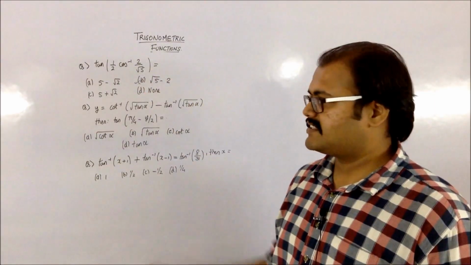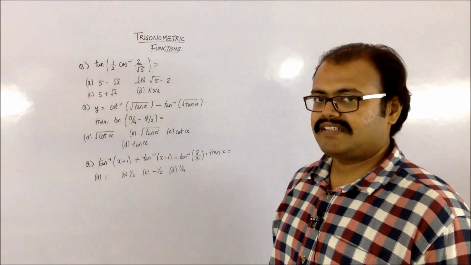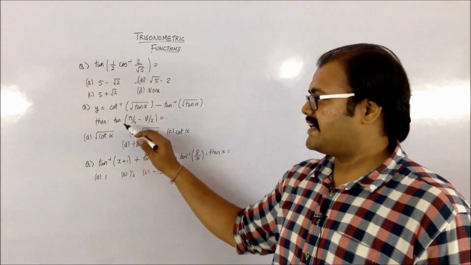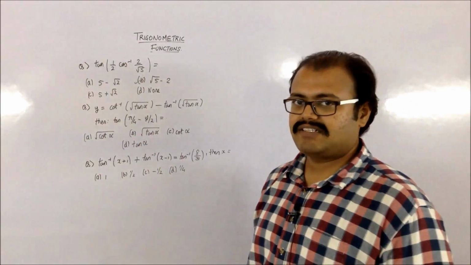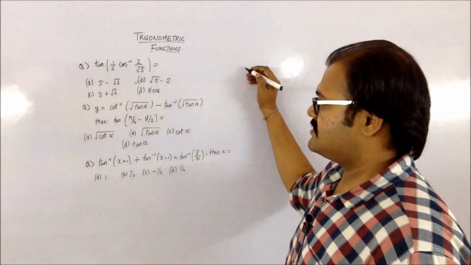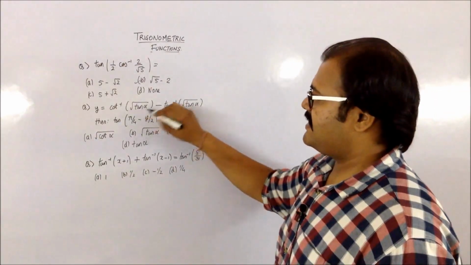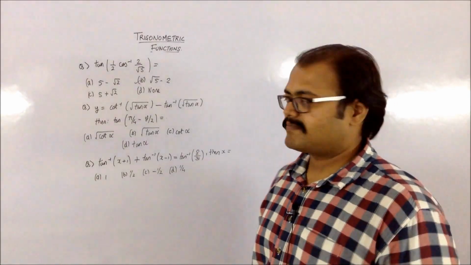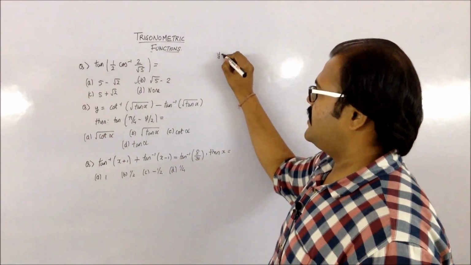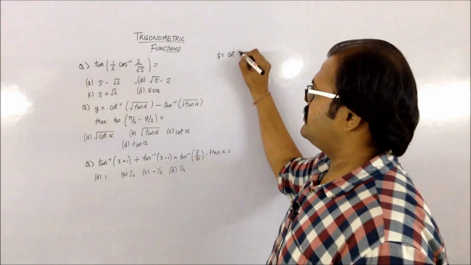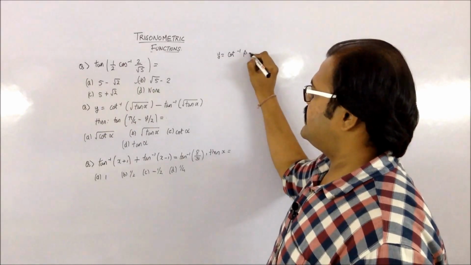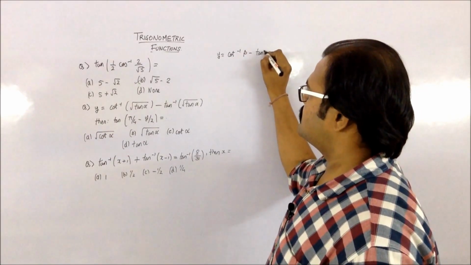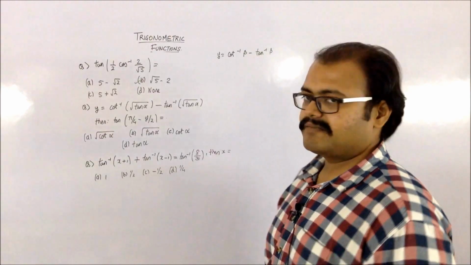Moving on to the next question, they have given me y as something and I have to find my tan of pi by 4 minus y by 2. So let's consider this equation and let me take that root of tan alpha is some value beta. So I'll be having y equals cot inverse of beta minus tan inverse of beta.